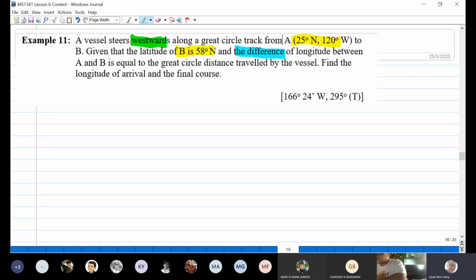The difference of longitude between A and B is equal to the great circle distance traveled by the vessel. This is important information telling you how to measure the difference between the longitude and latitude. So we want to find the longitude of arrival and the final course. There are two things we want to find: the longitude of arrival and the final course.